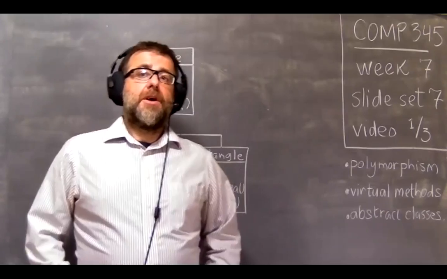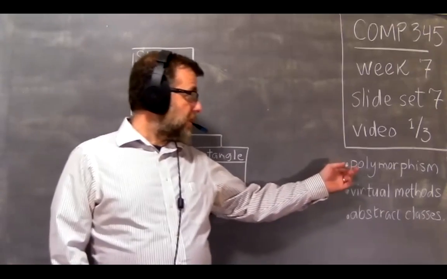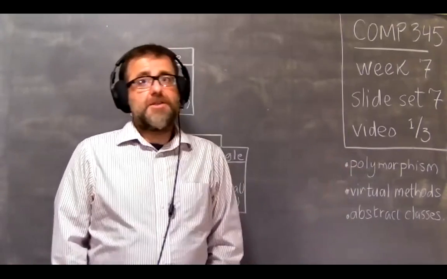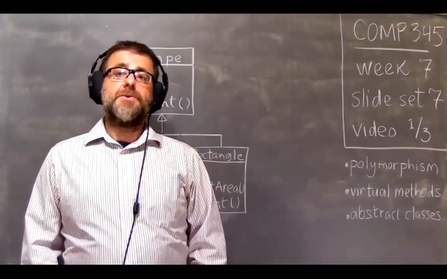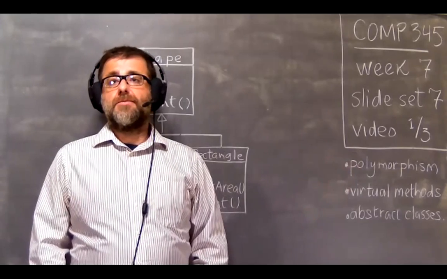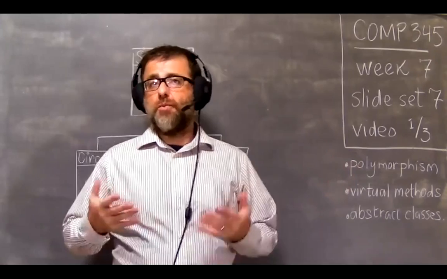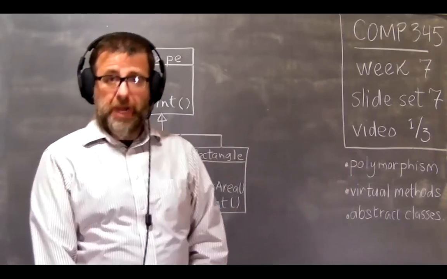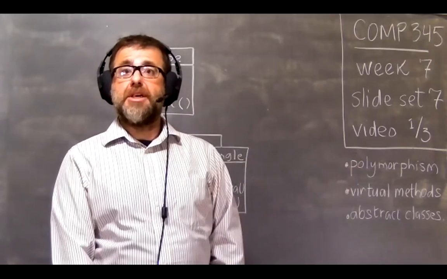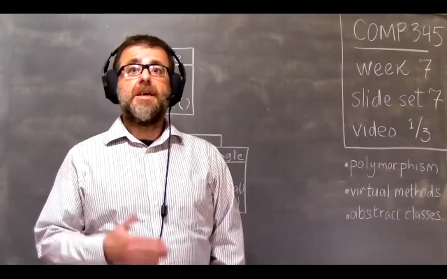So in here, we're going to talk about how C++ does polymorphism by using virtual methods. And we'll also talk about a related concept of abstract classes and how you do that in C++ and what that means.